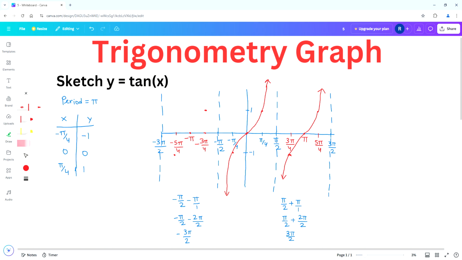Now we can join these points. This is the curve between the vertical asymptotes, negative 3 pi over 2 and negative pi over 2. So this is how we can sketch the graph for y equals tan x.